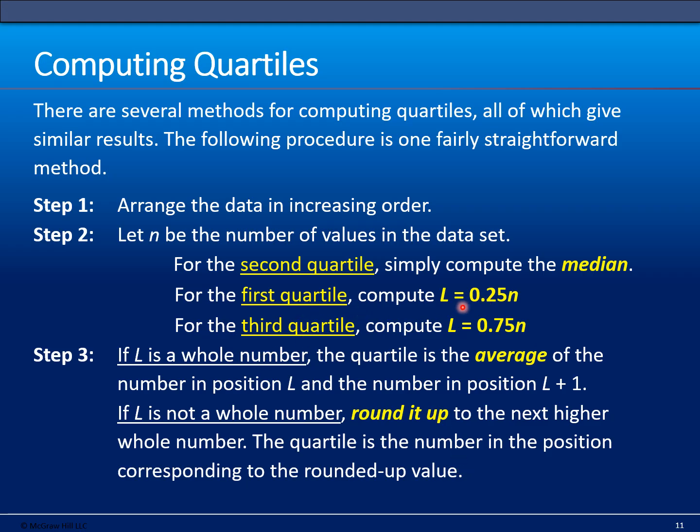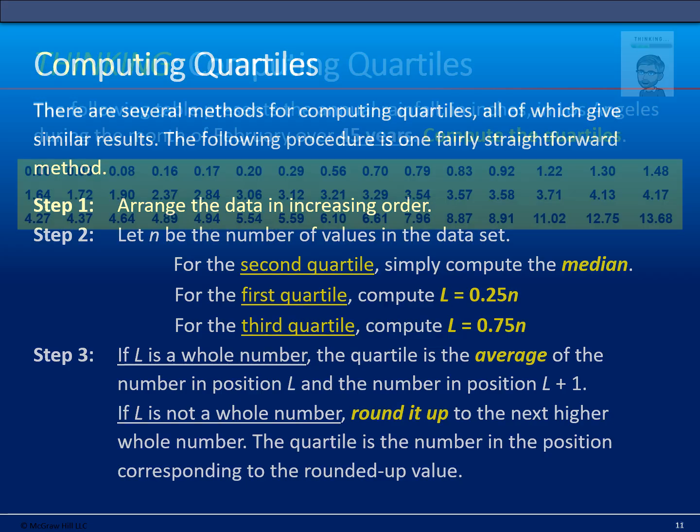So if we calculated L equals 20, we would take the data point in position 20 plus the data point in 21 and average them, and that would be the value of the first quartile. If L was 13.5, we would round up to 14 and look at the data in position 14. Again, remember we've already put this in increasing order.